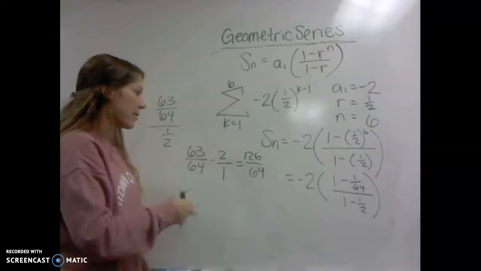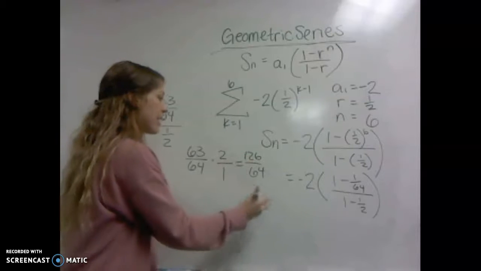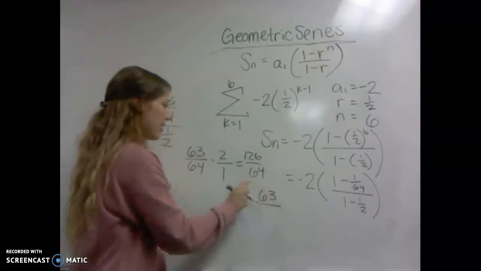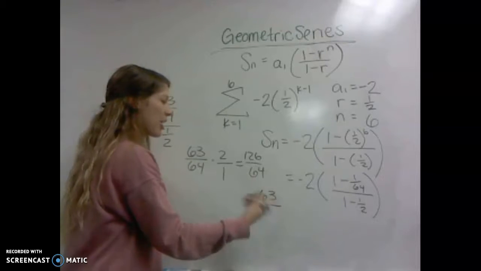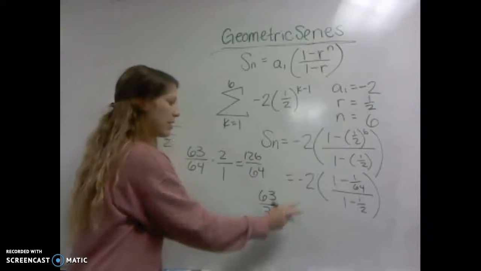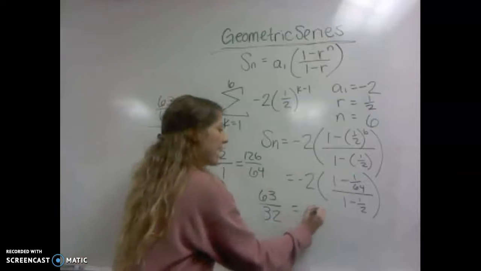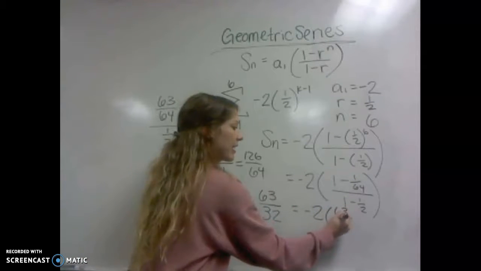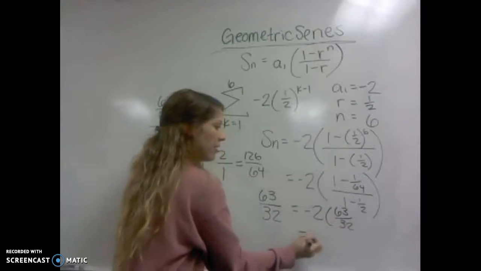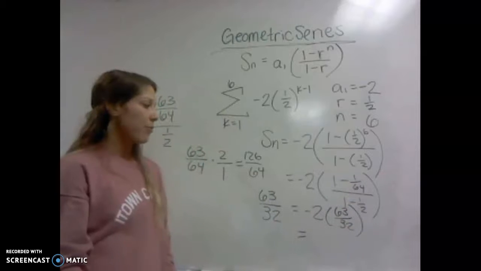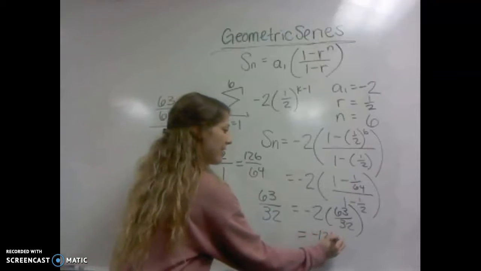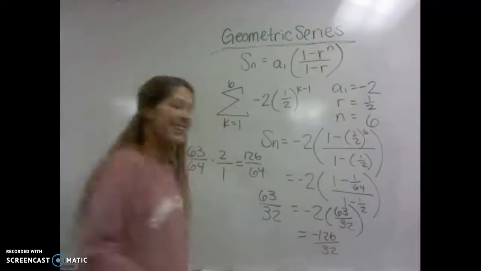Let's see, we can divide by 2 and get 63 over 32. But then don't forget to multiply by this negative 2. So we have negative 2 times 63 over 32. So negative 126 over 32.